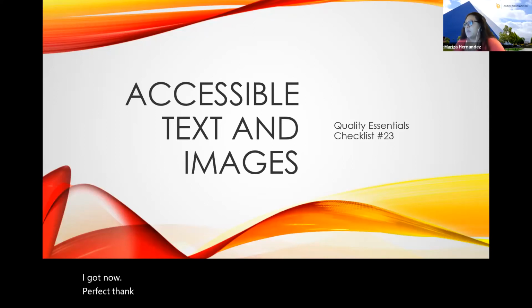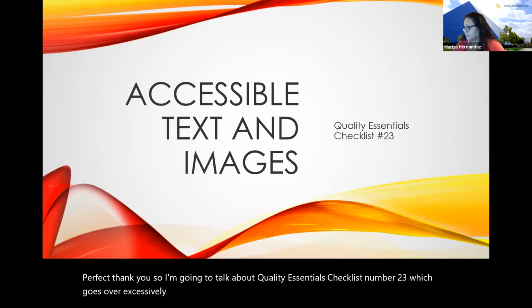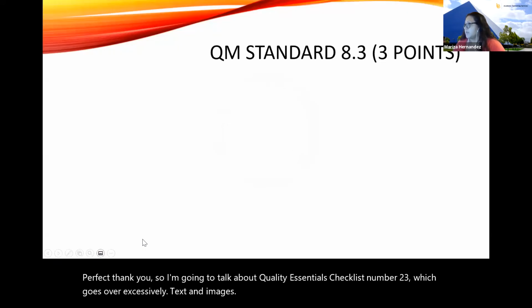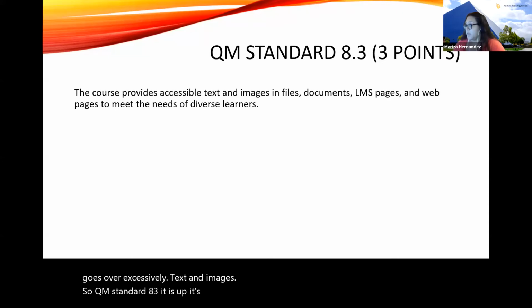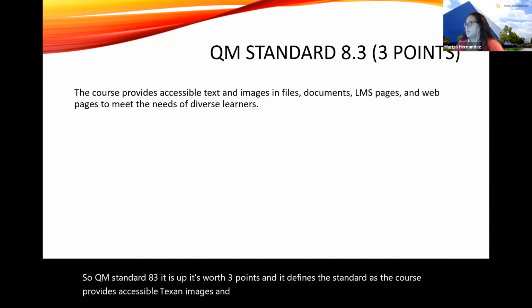I am going to talk about Quality Essentials Checklist number 23, which goes over accessibility of text and images. QM standard 8.3 is worth 3 points. It defines the standard as: the course provides accessible text and images in files, documents, LMS pages, and web pages to meet the needs of diverse learners.